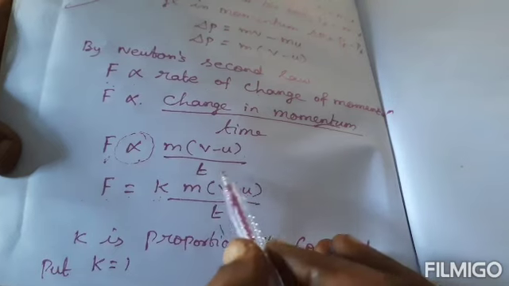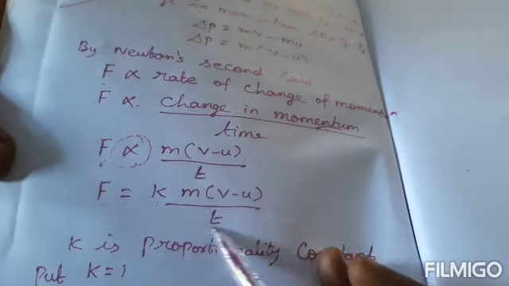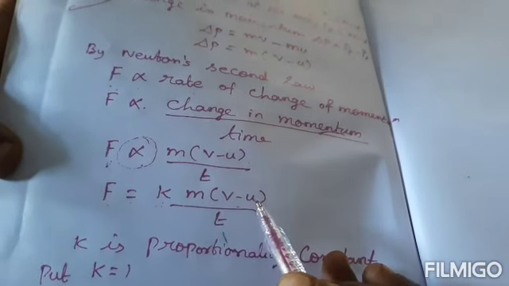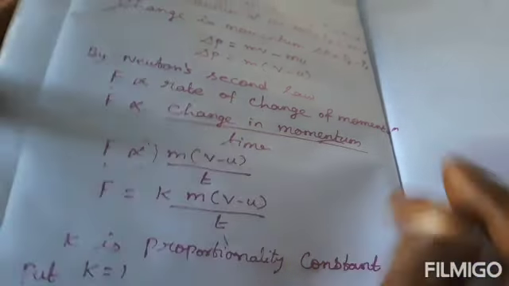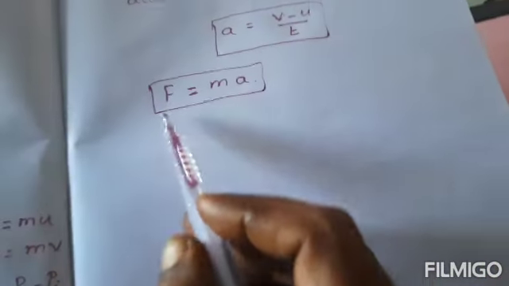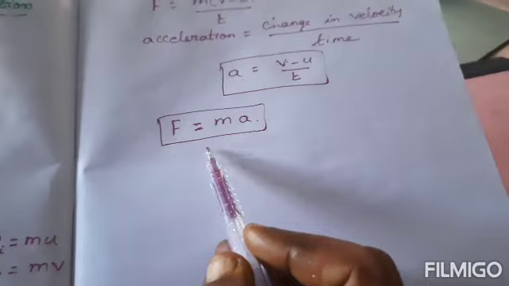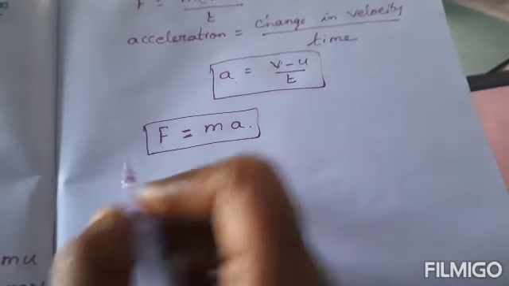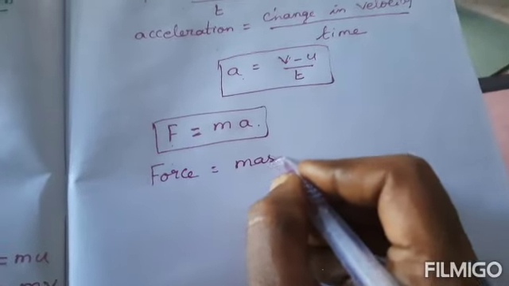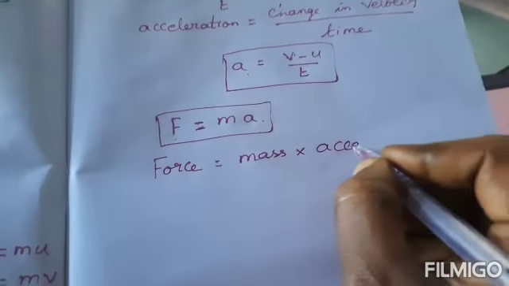So instead of (v minus u) divided by t, you have to write a. What's the acceleration formula? a equal to (v minus u) divided by t. So you will get F equal to ma. Okay, in the next line you have to write force equal to mass into acceleration.